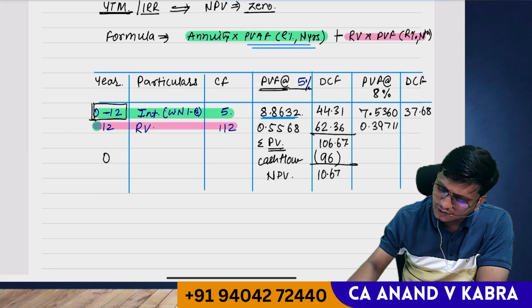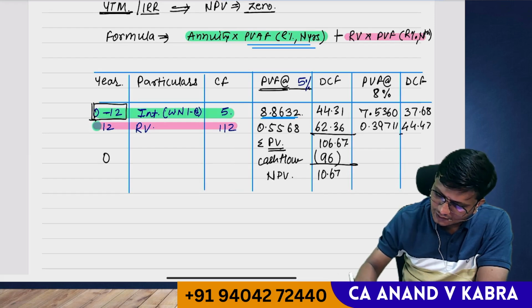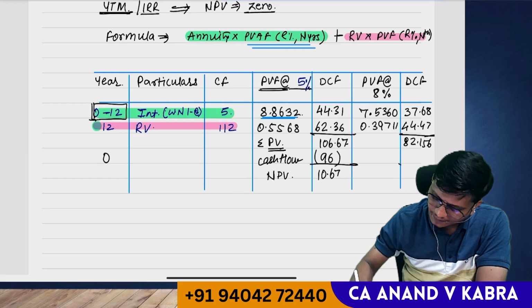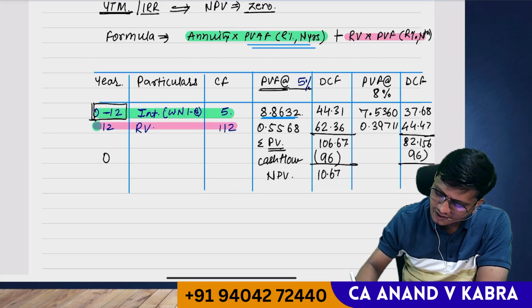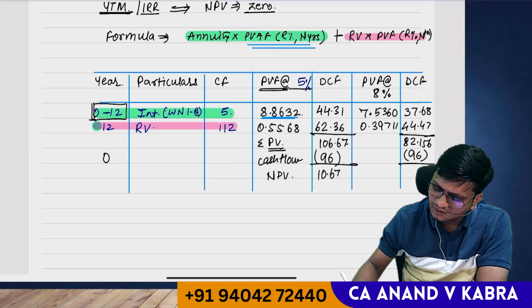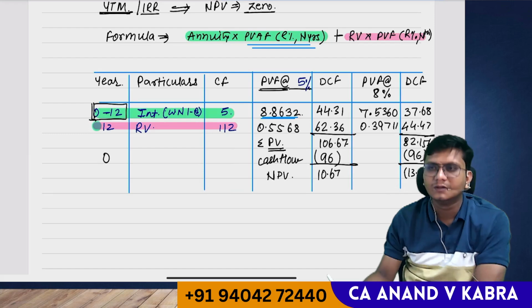And 0.39711 into 112 equal to 44.47, GT, 82.156, and he's purchasing at 96. It will give 13.84 negative NPV. Now that's perfect.